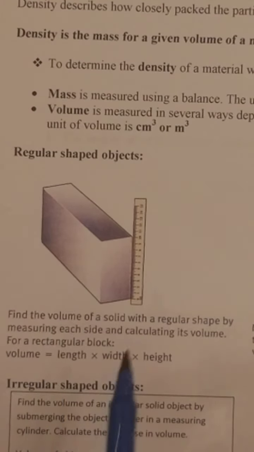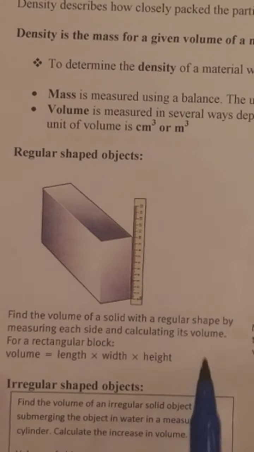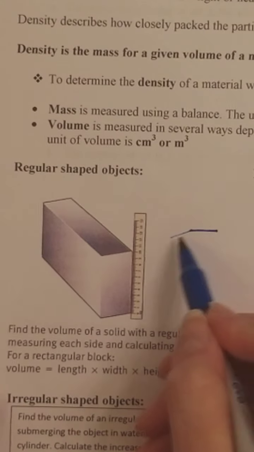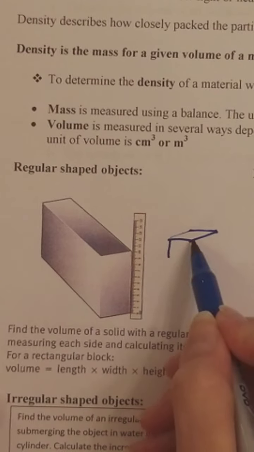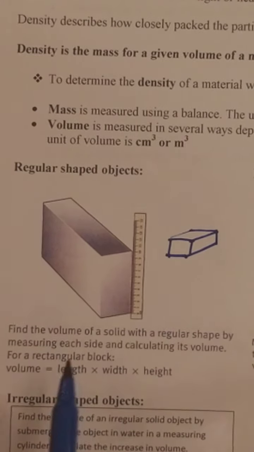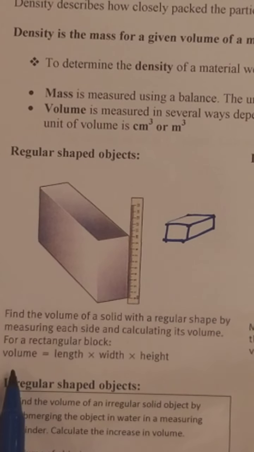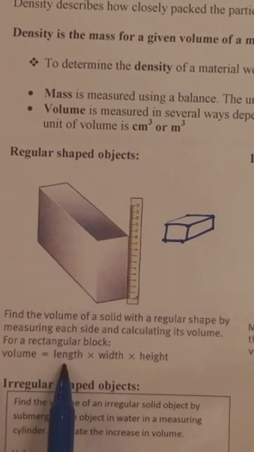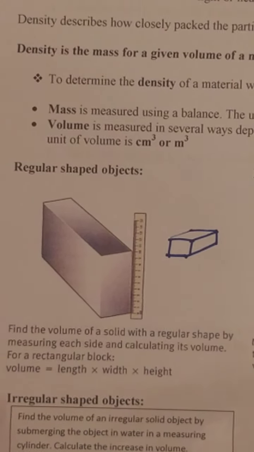Regular shaped objects like rectangular blocks or maybe cubes, their volumes are measured using a ruler. We use the ruler to measure the volume using the formula volume equals length multiplied by width multiplied by height.